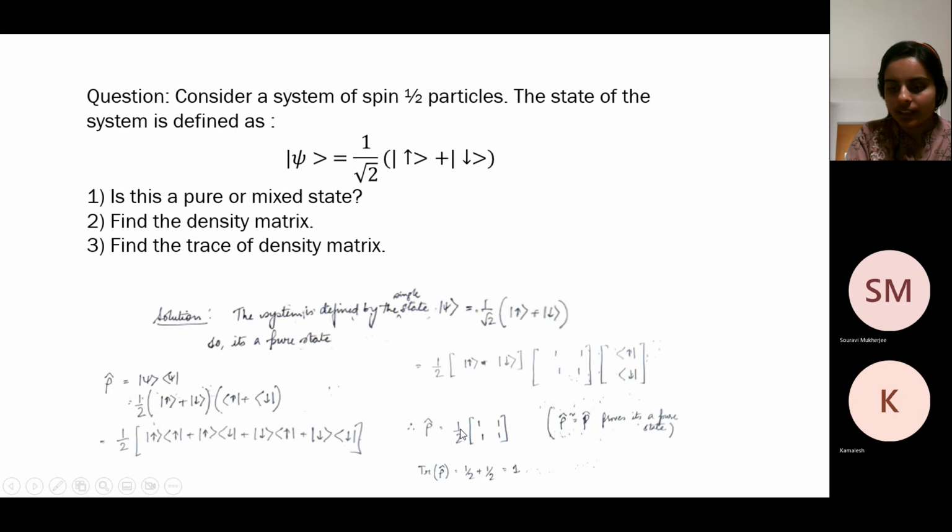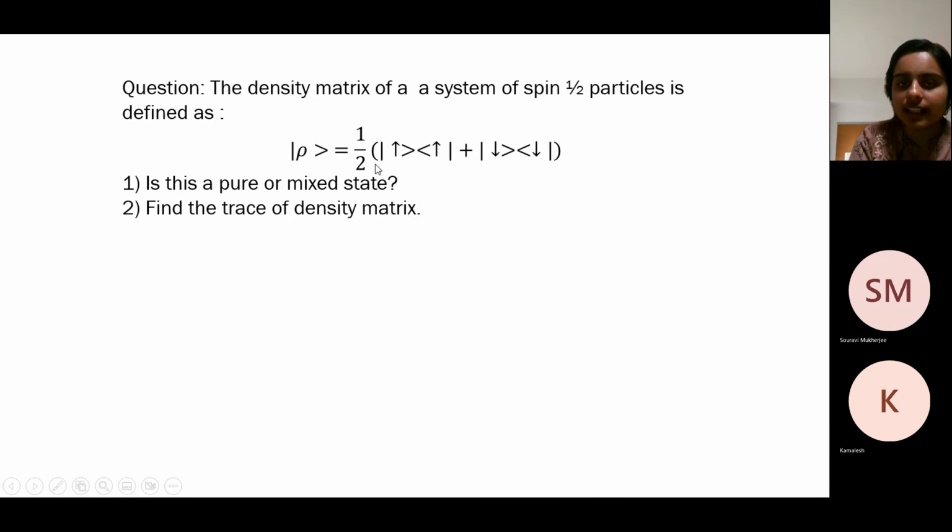What's different here is that now this tells you that you can be in two microstates. One is an up state, another is a down state, with probability of each being half.